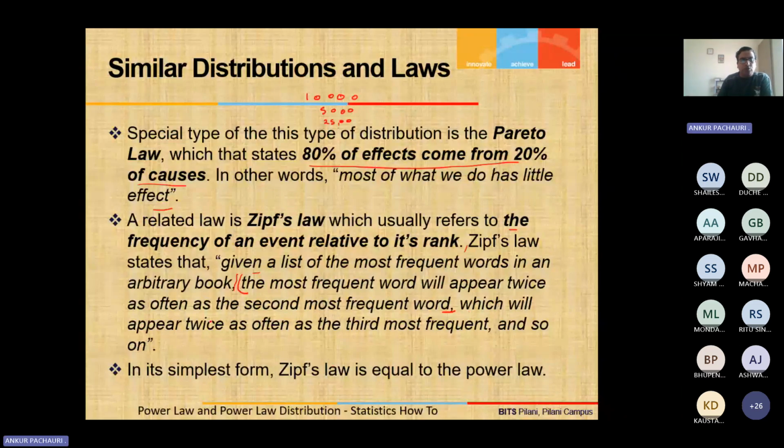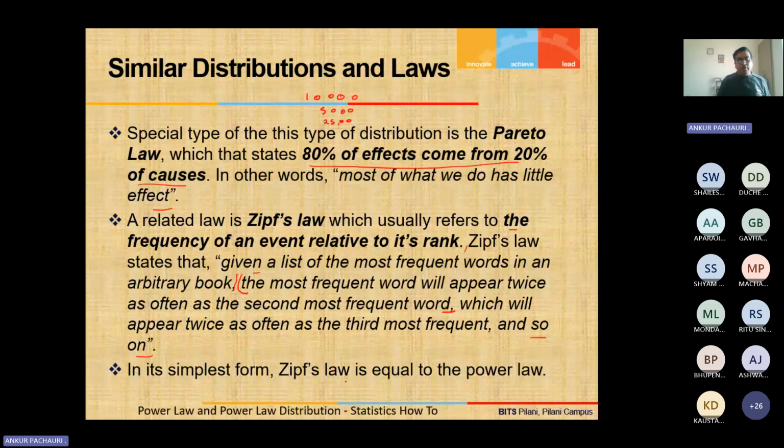So that means the frequency of the words that you usually use are related by a factor of two. The most frequent word is twice as large as the second most frequent word, and so on.